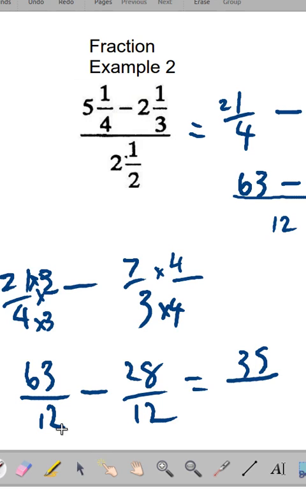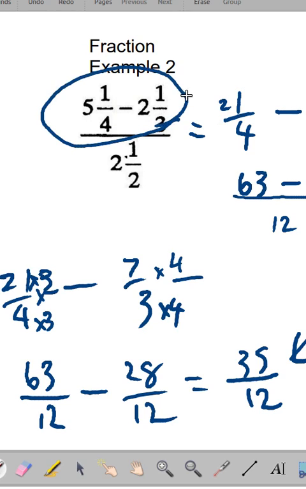And it was 63 twelfths minus 28 twelfths, so it's 35 twelfths. So you notice the same thing here. It's just a matter of looking at the fraction calculation in more than one way. Alright? Well, what we're saying is that all of this up here amounts to 35 over 12.